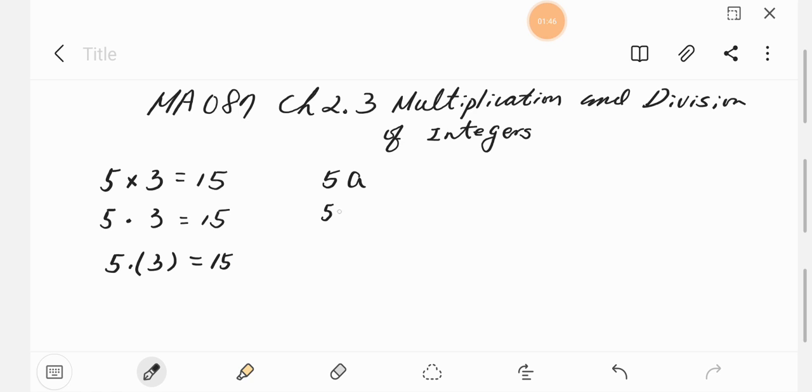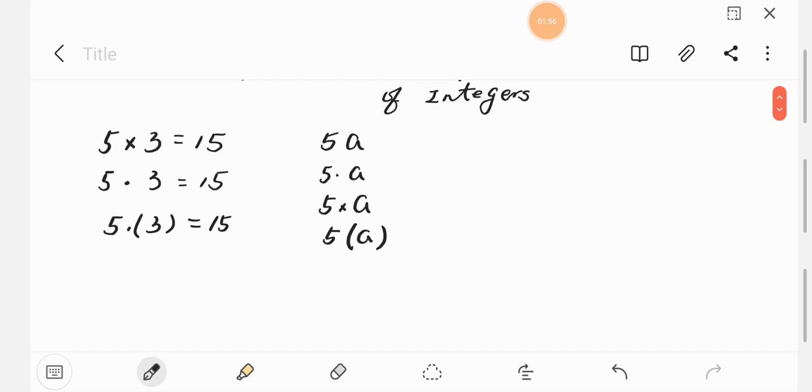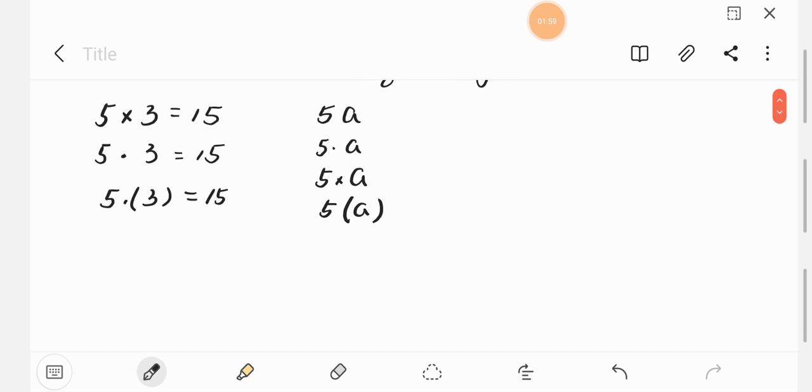Or you can use 5 times a, or parentheses, it doesn't matter. So this represents all product. Product means multiply.